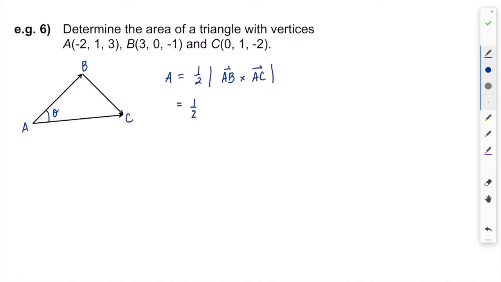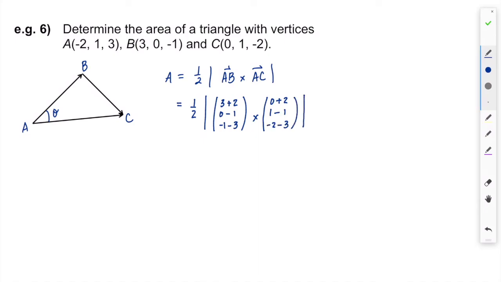AB is B minus A, OB minus OA. So I have 3 minus negative 2, 0 minus 1, negative 1 minus 3. Cross AC, which is OC minus OA, so 0 minus negative 2, 1 minus 1, negative 2 minus 3.